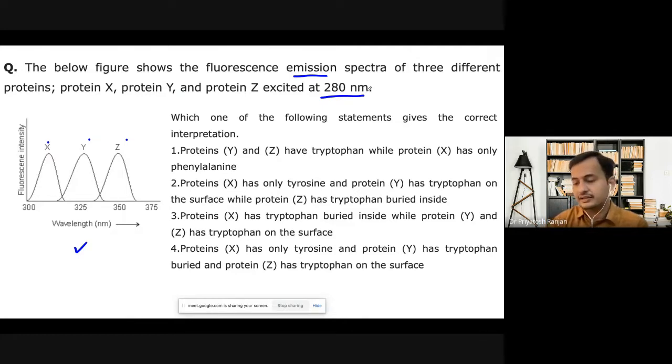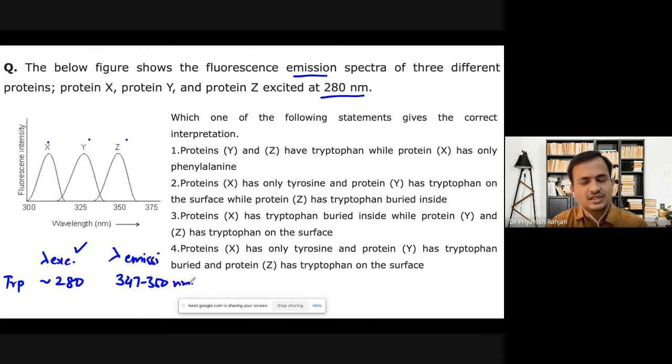And just to give you some idea of the excitation and emission wavelengths for these amino acids: for tryptophan, we generally excite it close to 280 nanometer, and the emission spectra is somewhere close to 330 to 350 nanometer, but we'll write it as 347 to 350.